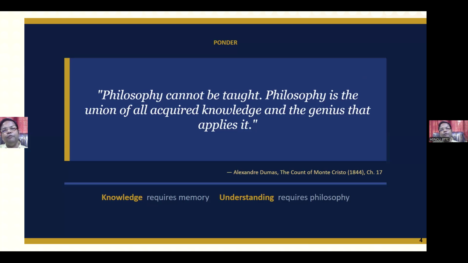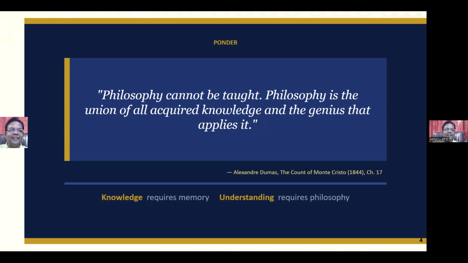It is the union of all acquired knowledge and the genius that applies it. This raises an immediate challenge for us in a classroom or recorded session setting. If philosophy cannot be taught, why are we here?